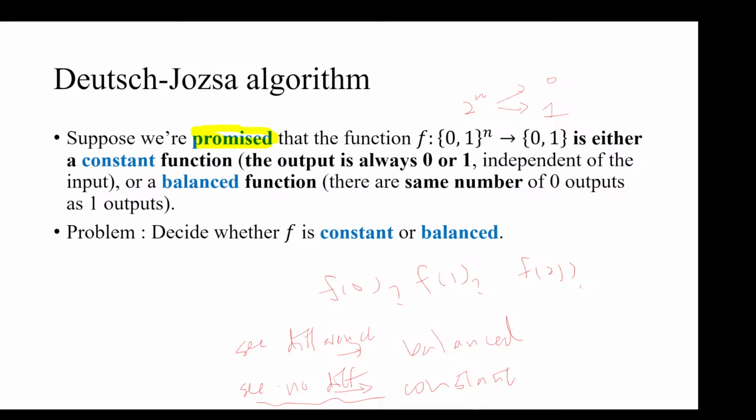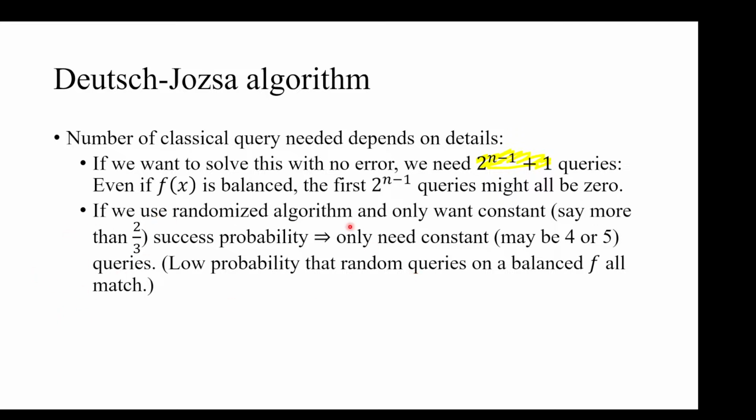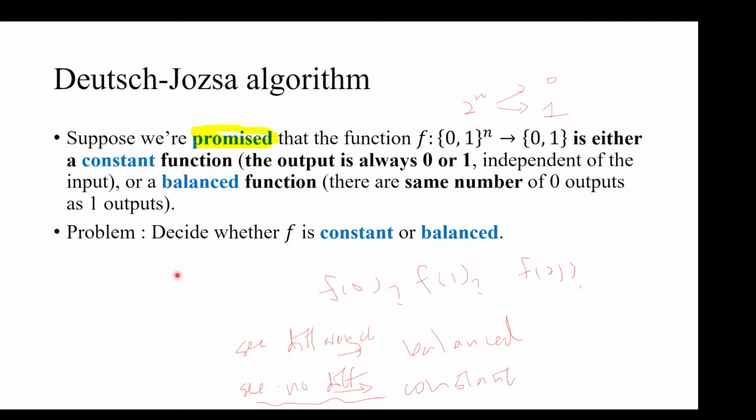Okay, but if you allow randomness in your algorithm and allow some mistake, so say you only want a 2/3 probability of success, then it's kind of easy to see that you only need a constant number of queries. So basically, instead of this 0, 1, 2, 3, you put random x.